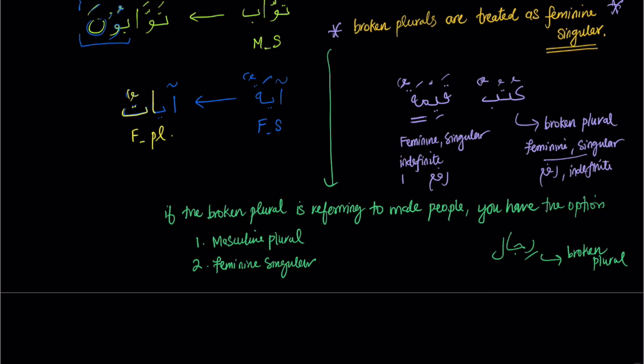Because rijal is actually referring to male people, a group of males, we can treat this as masculine plural. So when we are making a Mawsuf Sifa of rijal, let's say we want to say believing men, we can say rijalun mu'minuna.